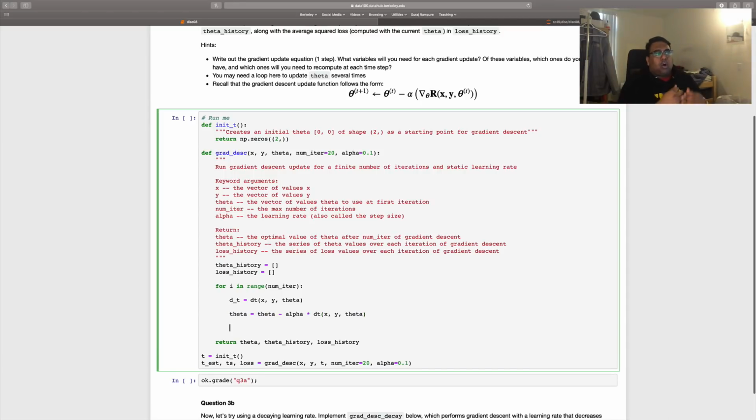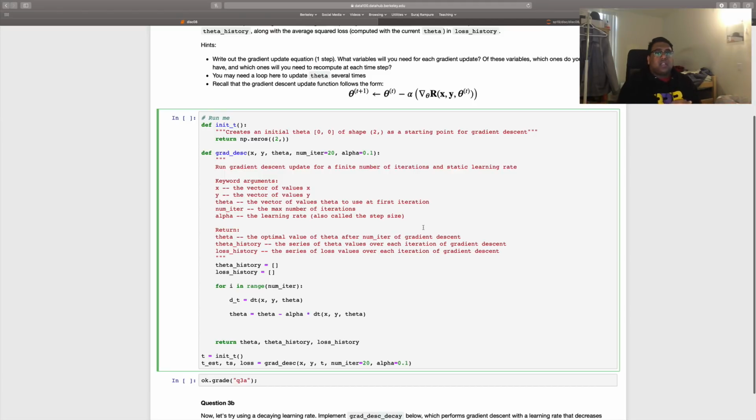Okay, so if all we were asked to do is just find the optimal theta, what we have right now would be sufficient. But since we want to plot a few things later in the question, we want to keep track of all of the values of theta. So if num_iter is 20, we want to keep track of the 20 thetas that we find, right? It allows us to see how quickly we converged.